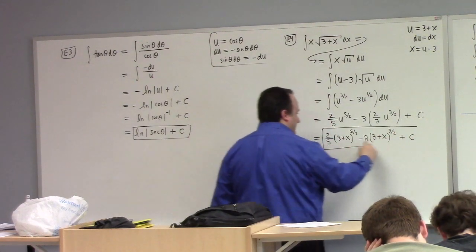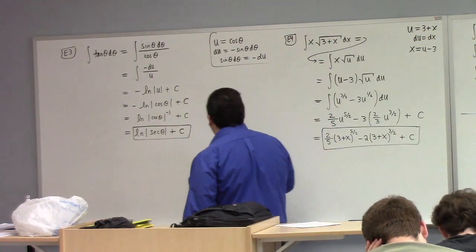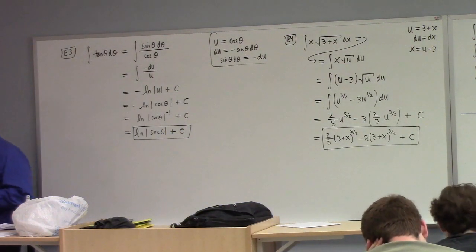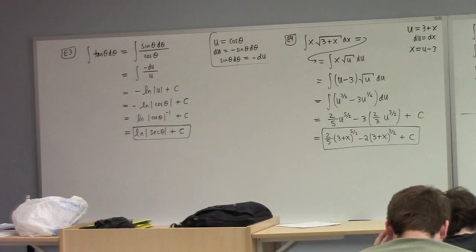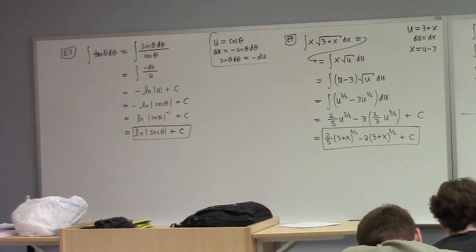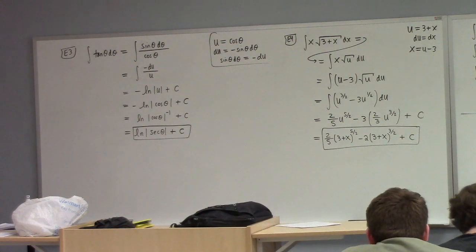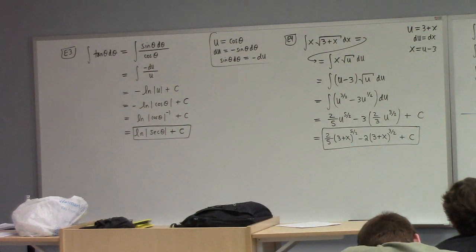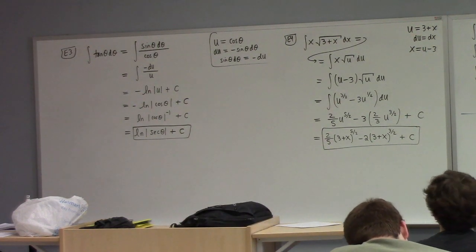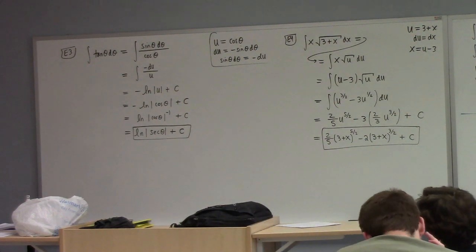At this point, I'd just like to stop and appreciate for a second how amazing u-substitution is. Think about this. Could you have guessed that antiderivative we just calculated? In other words, if you ask the question, find me a function that when you differentiate it, it gives you back x times the square root of 3 plus x.